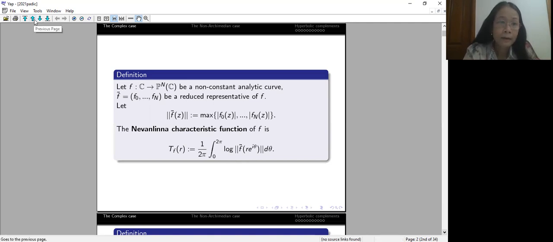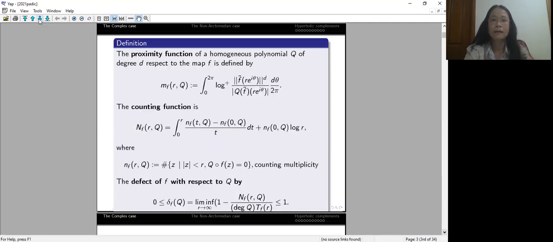And then the second function of Nevanlinna theory is called the proximity function, corresponding to a homogeneous polynomial Q of degree d.